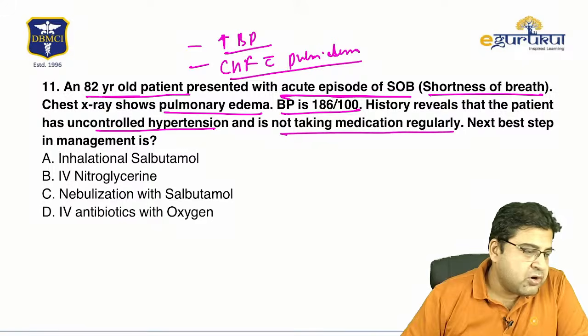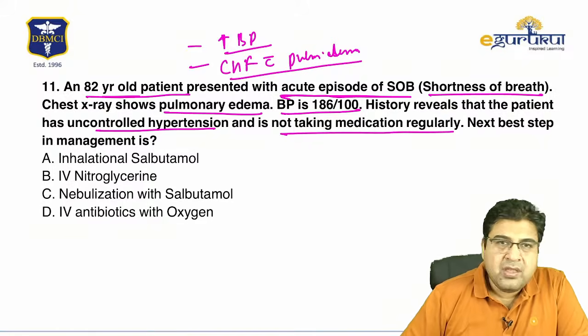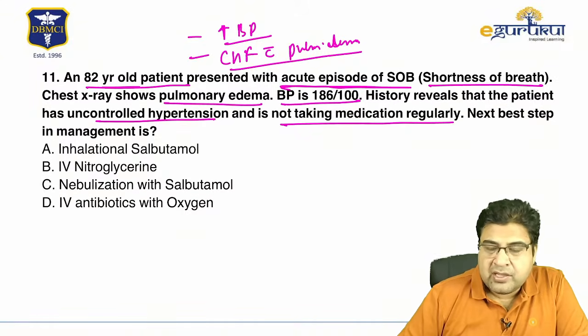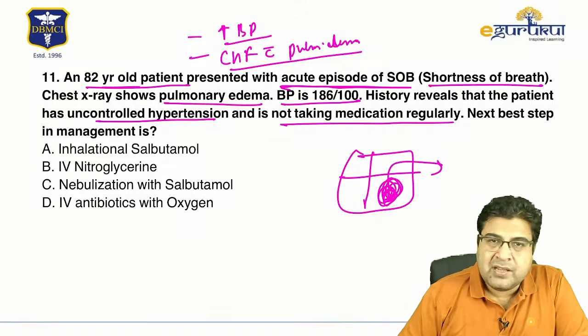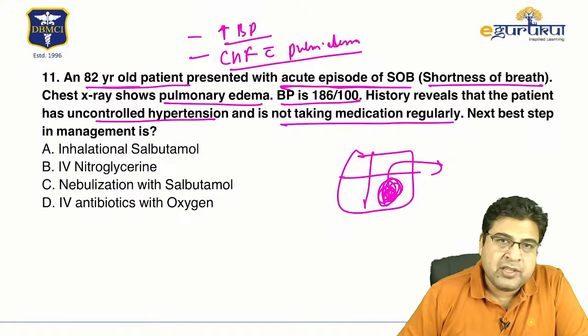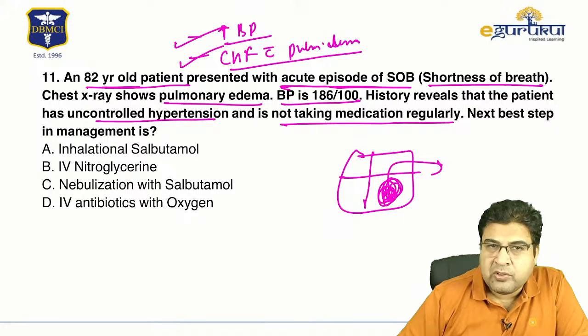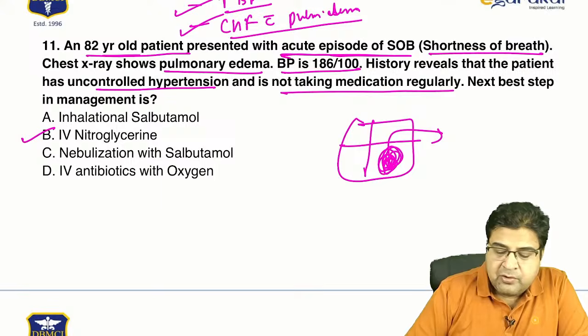Dr. Shimu, it's not pulmonary hypertension, it's just normal hypertension. Guys, you must know that whenever the patient has congestive heart failure, the heart gets full. Now the heart gives backflow to the lungs, and the patient has CHF with pulmonary edema. So here you have to control the CHF, plus you have to control the high BP. We will give IV nitroglycerin. IV nitroglycerin is a drug which is a venodilator.